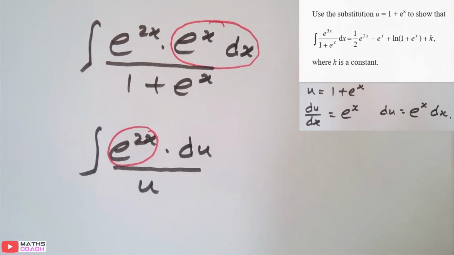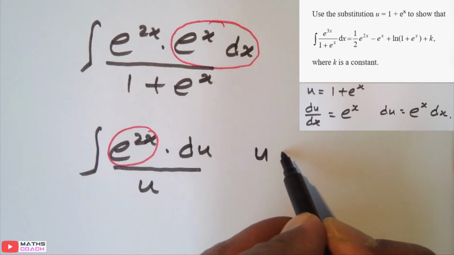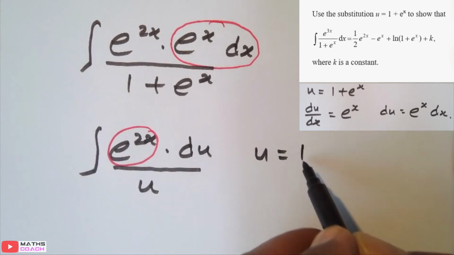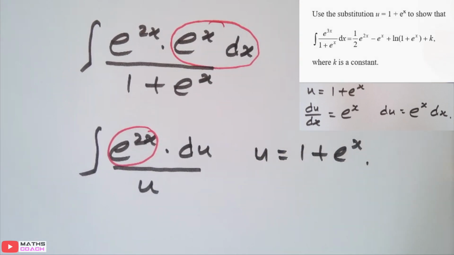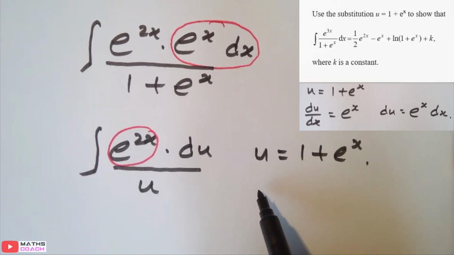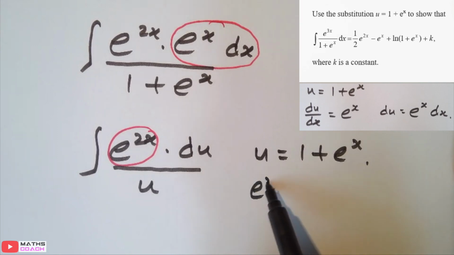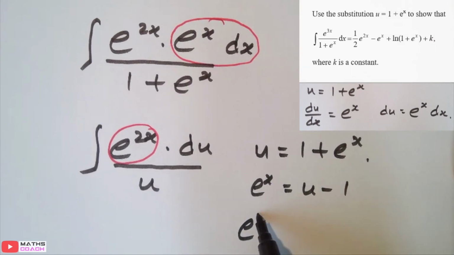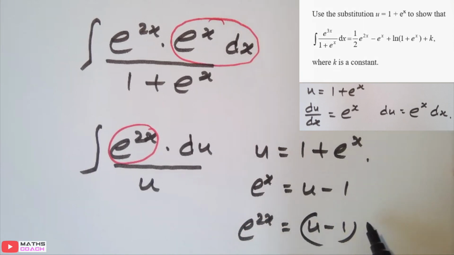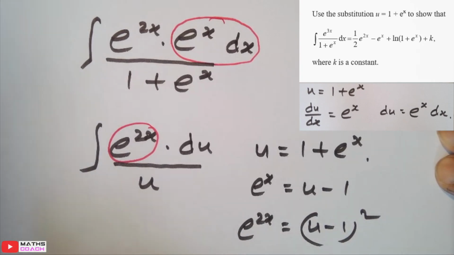So what do we have so far? We know that u equals 1 plus e to the x. So could we not say that e to the x is equal to u minus 1? So e to the 2x must be u minus 1 whole squared. And that's where we're going to continue from.